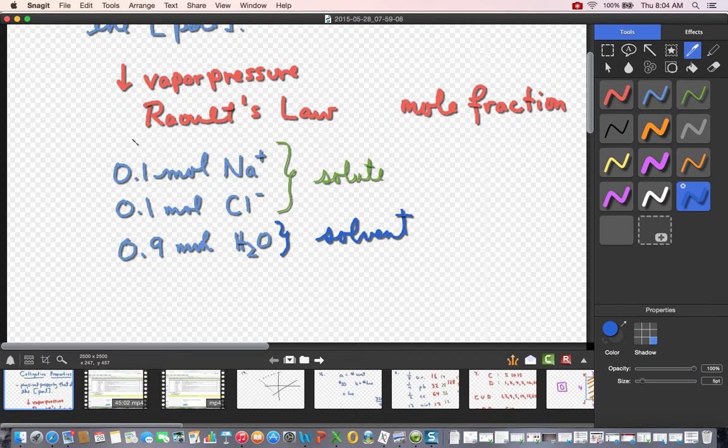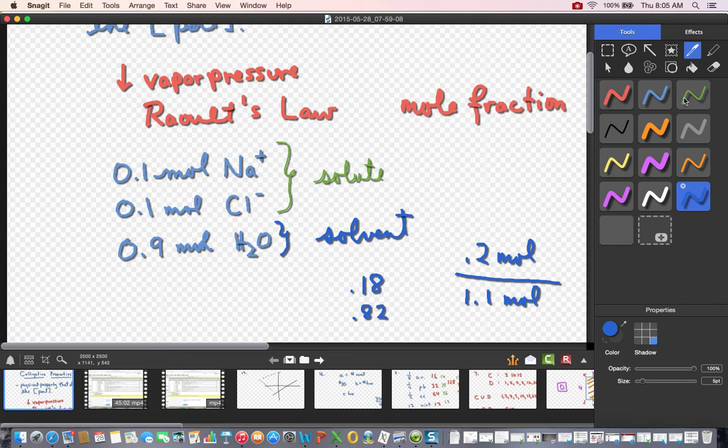And so I have 0.1 moles of each particle. So let's say 0.2 moles of particles in a total of 1.1 moles of total substance. The mole fraction would be 0.18 for the ions, and it would be 0.82 for the solvent.